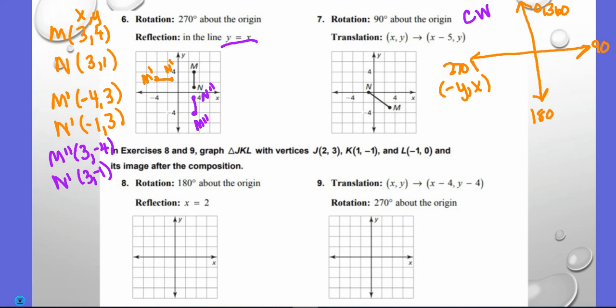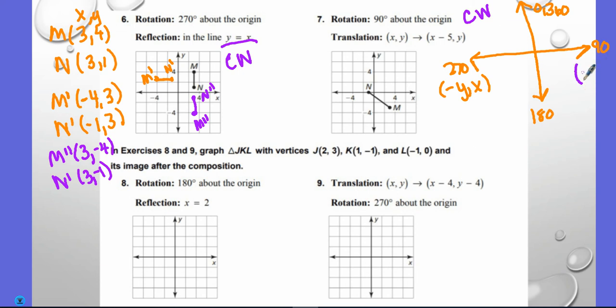But direction is important, guys. Oh no, I didn't go counterclockwise in the previous problem. I went clockwise. 270 degrees clockwise. And in this problem, I'm going to go 90 degrees clockwise.